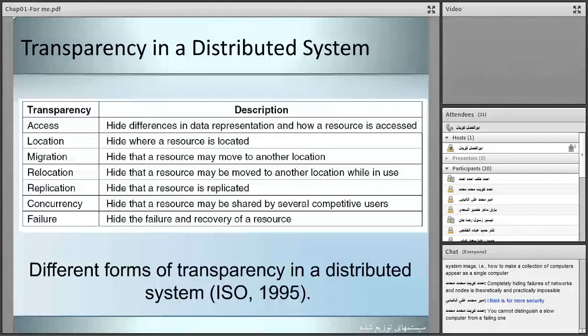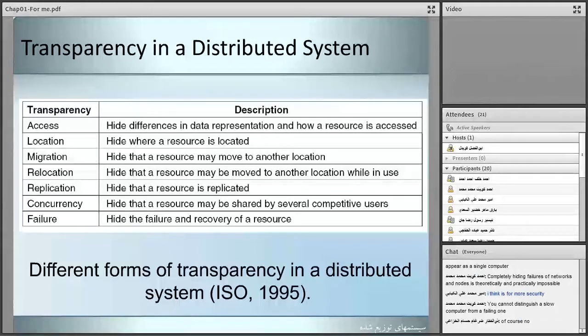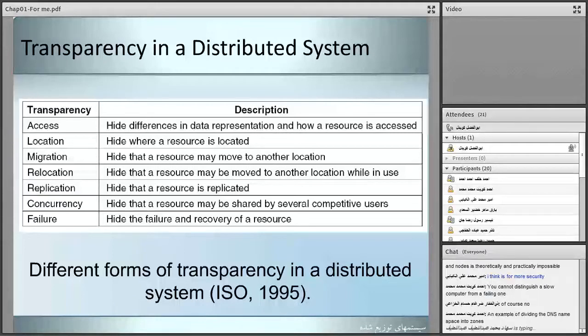Do you know the location of the servers? No, you don't know. So the location is hidden, so we have location transparency in this example. Is it a good idea that we always have full transparency, for example, full location transparency? You don't know anything about the location in distributed systems. Is it a good idea?